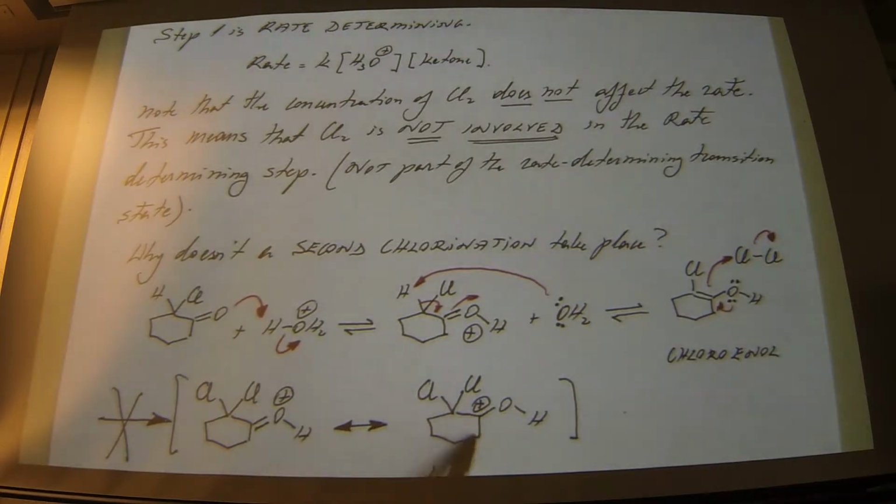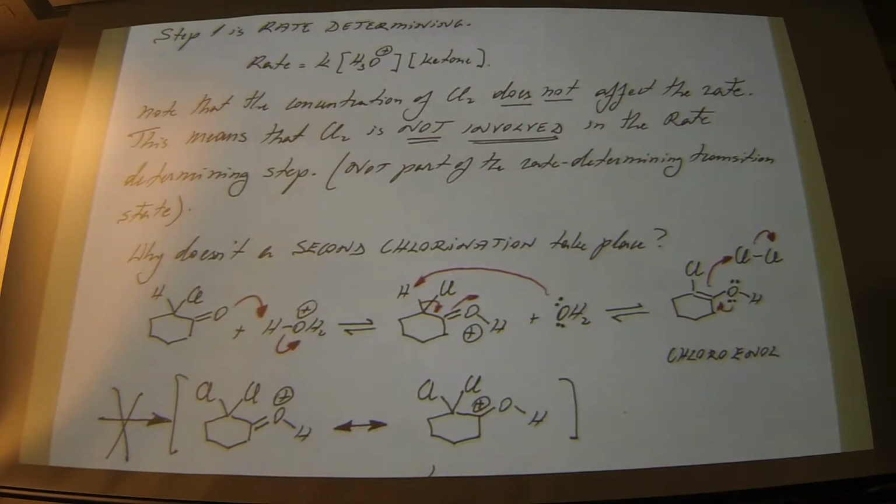Take a look at this cation here. What's wrong with that cation? It's got two electron withdrawing chlorines adjacent, right? So that cation is destabilized by the polar effect, by those two chlorines sucking electron density out of the carbon, so that you now have a cation and a partially positively charged carbon bonded together. No good.